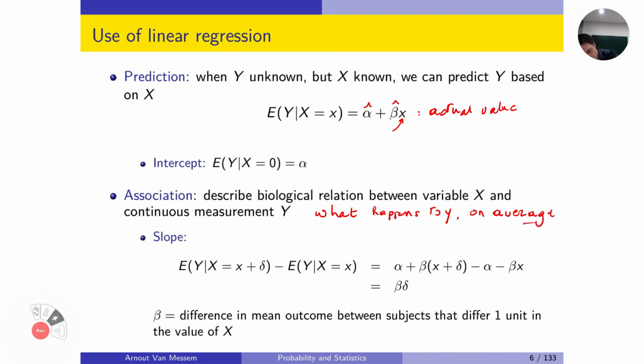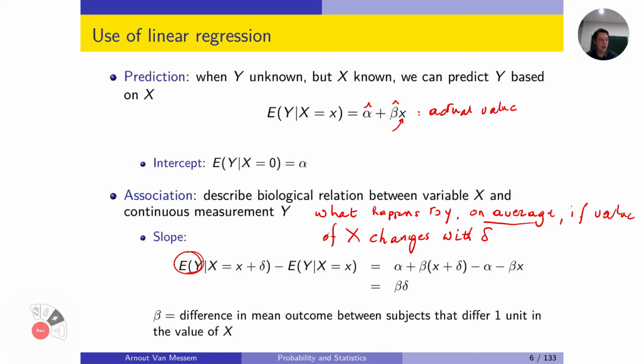This is important because we always have the expected value here. It's what happens to y on average if my value of x changes by a certain number, in this case delta.